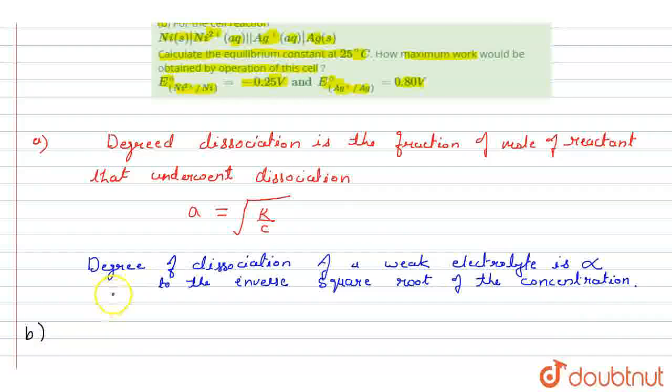Now in part B, first of all, write the reaction for this cell. At the anode, the reaction that takes place is Ni giving Ni2+ plus 2 electrons.